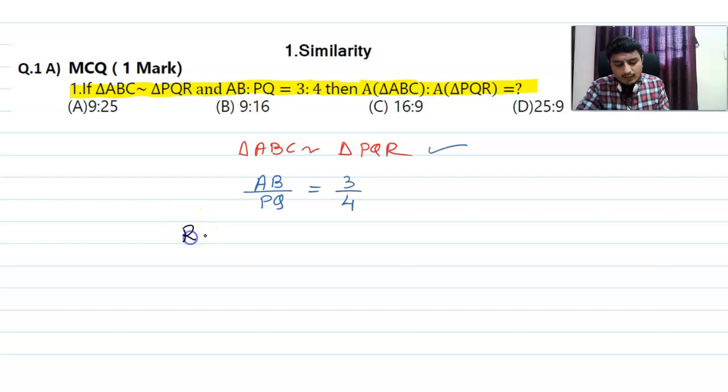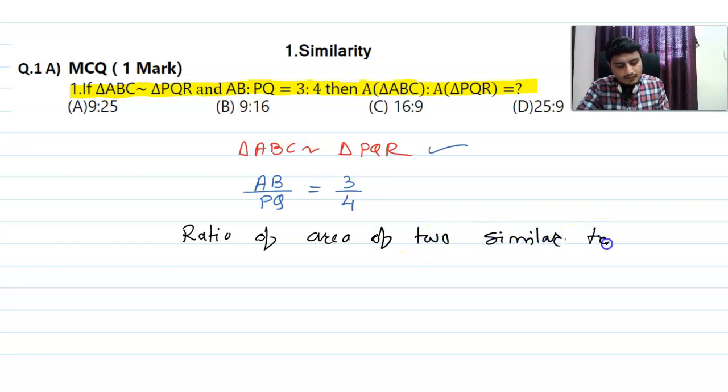So we have the theorem, that is the ratio of areas of two similar triangles. Once the triangles are similar, then the ratio of their areas is equal to the ratio of squares of their corresponding sides. So we are writing the ratio of areas of two similar triangles.